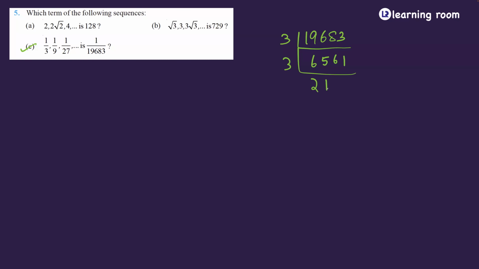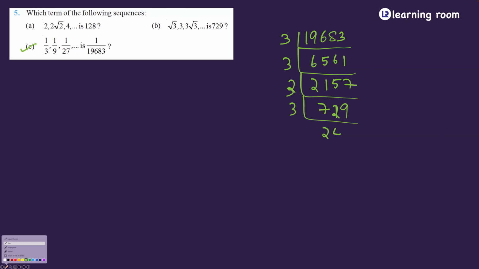Let me do it. Yeah. So 2187. Again divide by 3, it is going to be 729. Wait. Which one? This one?